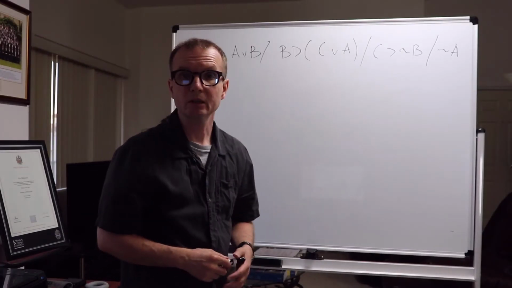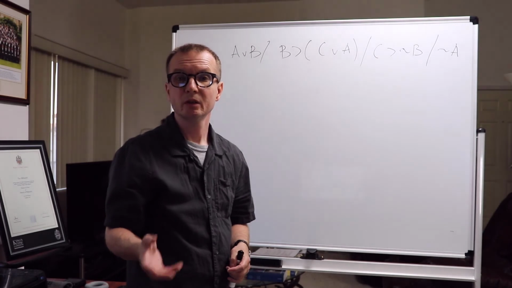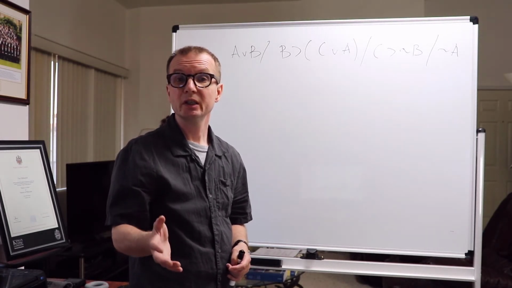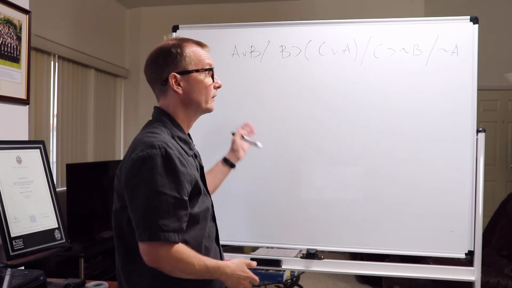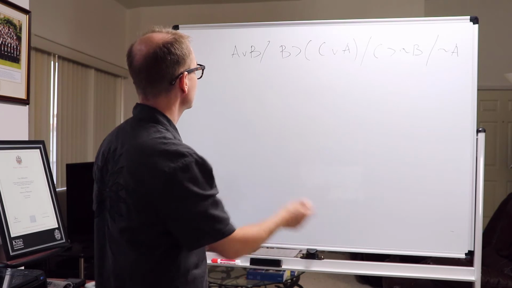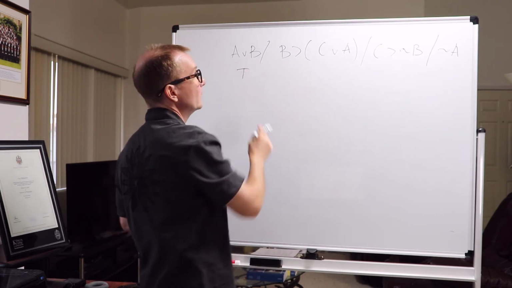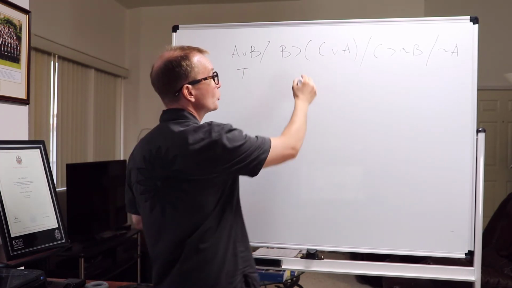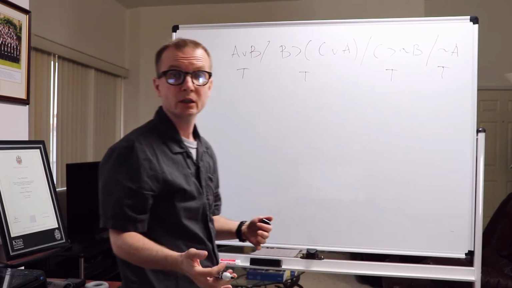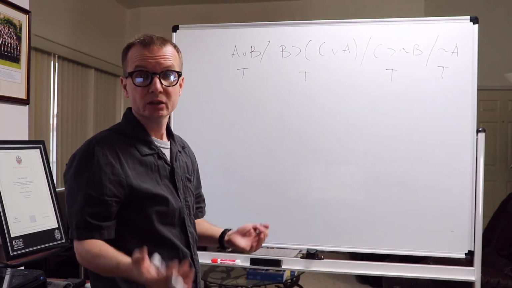Now, let's look at the example of checking for consistency. In this case, instead of getting everything true and the conclusion false, we just need to get all of them true, right? If every premise can be true at the same time in at least one situation, then the whole thing is consistent. Otherwise, it is inconsistent.